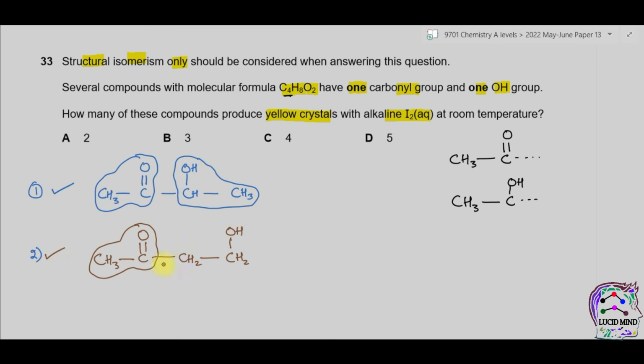So now 2 are done. And in third one we cannot change this part, but we can change this part. So let's see. In third one we have OH on second carbon. And carbonyl is on last one.